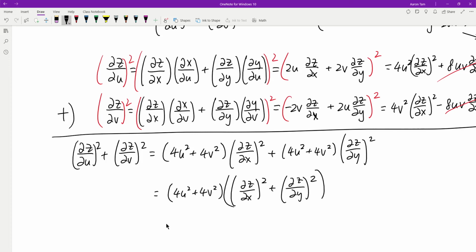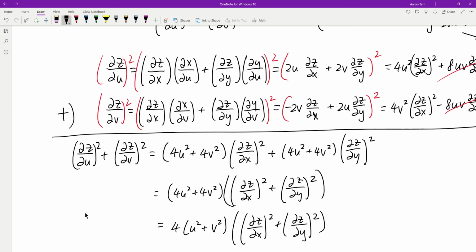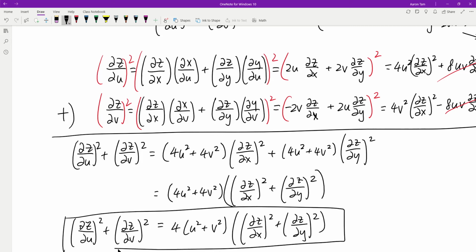I can further factor a 4 from 4u squared plus 4v squared. If I'm not mistaken, that is exactly what we tried to prove, and that completes our proof.